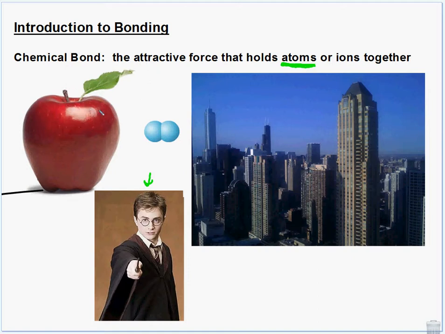And so let's take this apple for example. We could start to break this apple down into pieces. We took a slice of that apple and we kept getting smaller and smaller and smaller, and we got down to where we could see atoms, and maybe we'd see something like this.